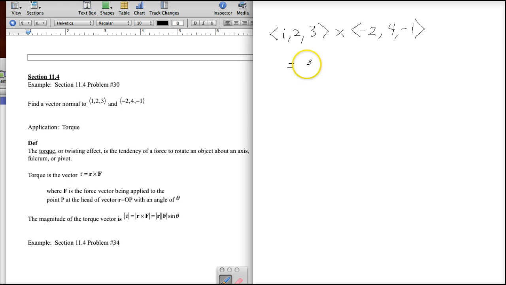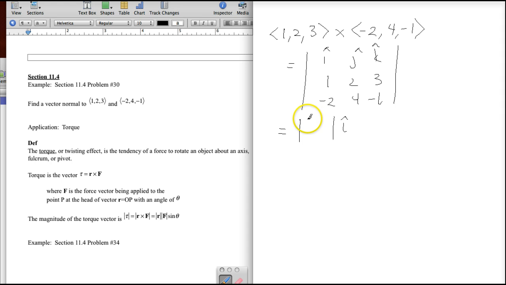And again, I can set that up by constructing this i, j, k, and I do 1, 2, 3 here, components of the first vector, negative 2, 4, negative 1, components of the second vector. And now I need the determinant of the resulting 2x2 when I take away i, right? i is in first row, first column. That leaves 2, 3, 4, negative 1.